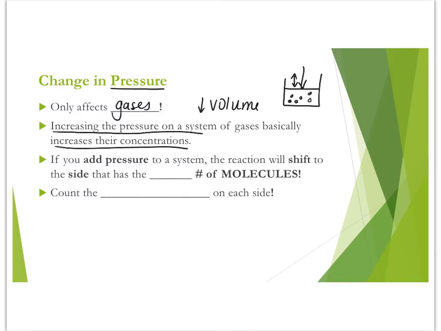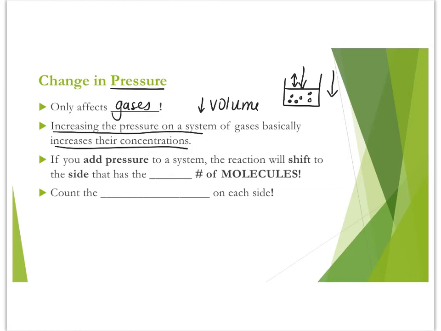If I wanted to increase the pressure, I could push down on the plunger, which would decrease the volume. That would make the particles collide more frequently. It's not speeding them up. The only time you want to mention a change in speed is when you're talking about a temperature change. Otherwise, you're not making them move faster. You're just making them collide more often because of their proximity to each other.